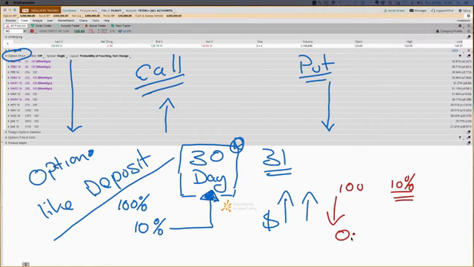So I wouldn't lose $100 per share. I only lose my deposit. So we get all the benefits of the stock price movements. If we see a favorable movement, we get all the benefits, but we don't get all of the downside, which is fantastic.